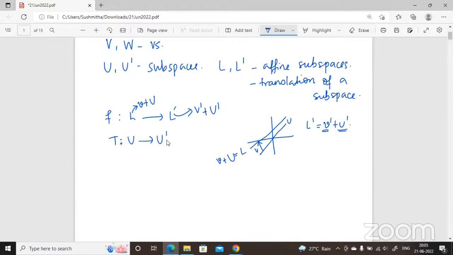When you have two vector spaces, we can talk about a linear transformation between them. Then f of any point in L is going to look like V plus U, where U is in U, because L is V plus U.